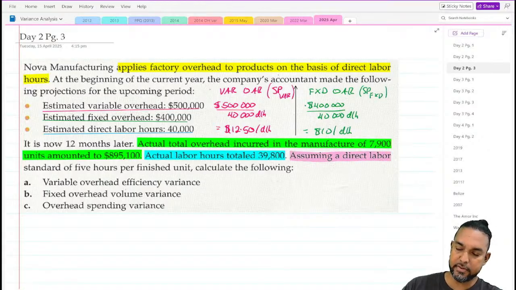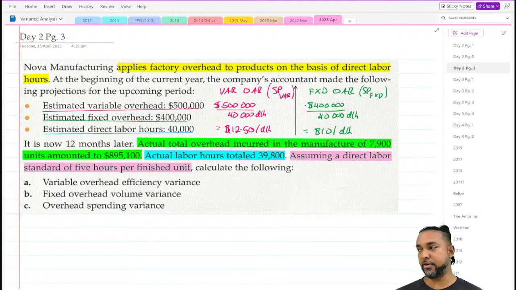Assuming a direct labor standard of 5 hours per finished unit, calculate the following: the variable overhead efficiency variance, fixed overhead volume variance, overhead spending. They're asked in a kind of out-of-sequence order, and I want to follow the pattern that we established before, so we're actually going to do part C first.